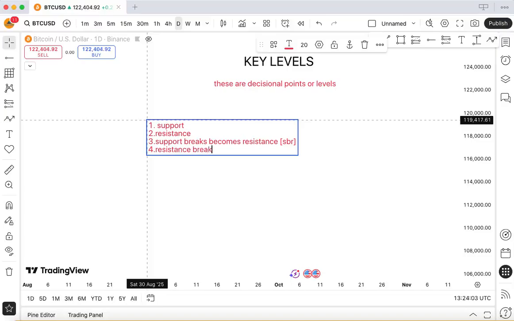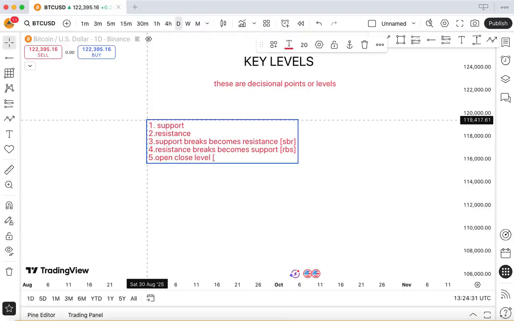Then the fourth one is the resistance breaks, becomes support. In short, you can call it the RBS, resistance becomes support. Then the fifth one, we have what we call the open close level.